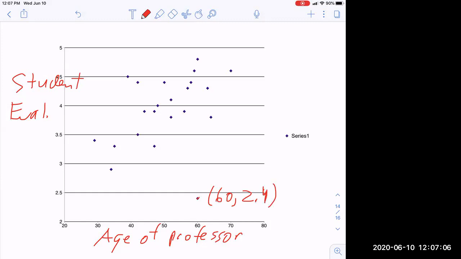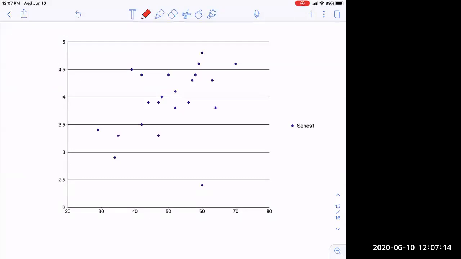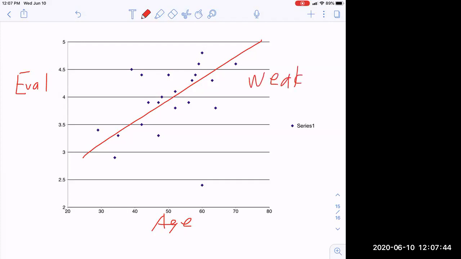His average evaluation was 2.4. Again, PowerPoint did not do what it should have done for me. Well, I shouldn't blame it on Excel. Excel was fine. But there's maybe the line of best fit. Notice that the data values, the ordered pairs, are not real close to the line.